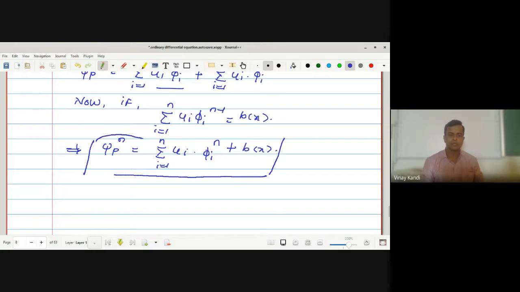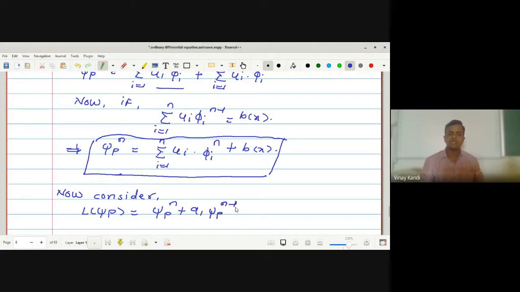Okay, now consider L of ψp is equal to ψp raised to n plus a1 ψp raised to n minus 1 plus, okay, up to so on.